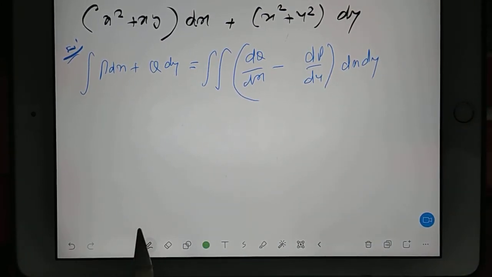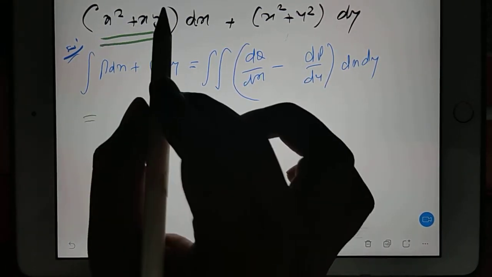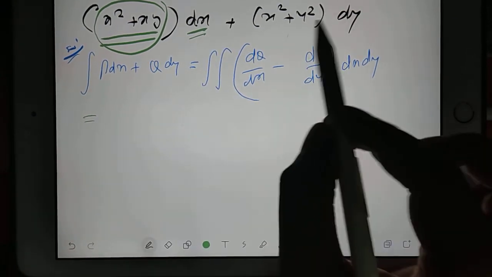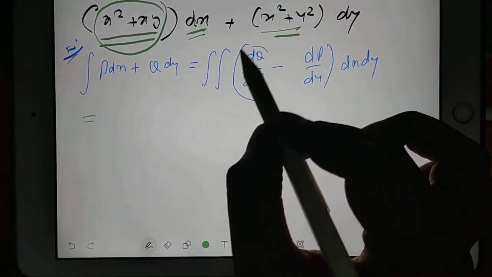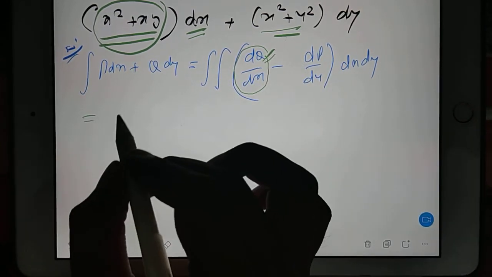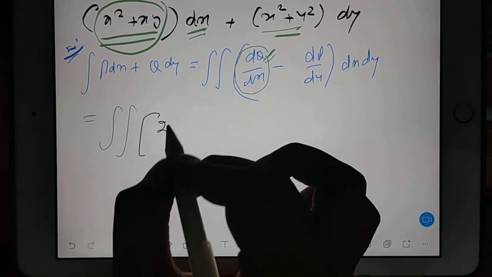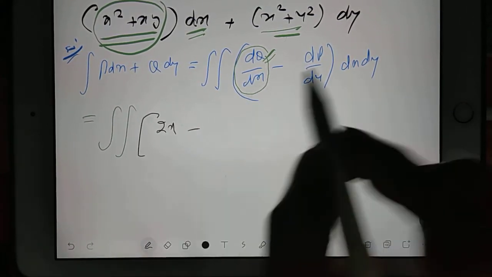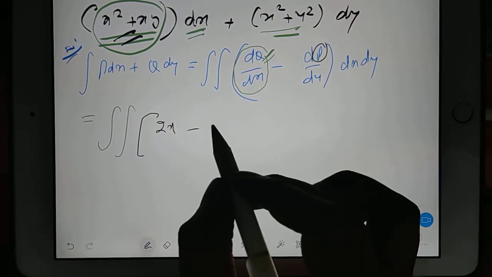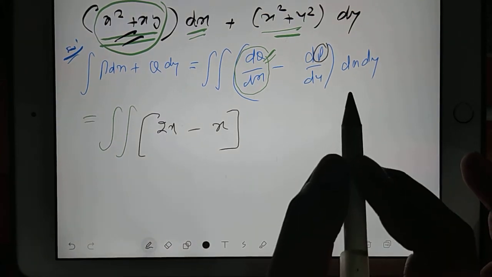This x square plus y is your p value, because it is the coefficient of dx, and this is your q value. Differentiating q with respect to x gives 2x, then put the minus sign. Then dp by dy is x alone.